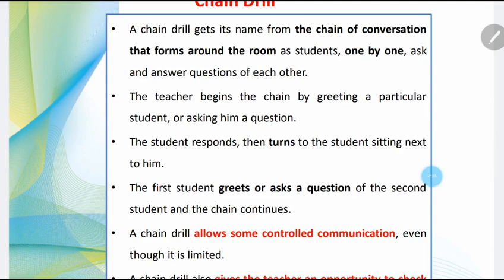This student responds, then turns to another student, the one sitting next to him or her, and starts to do the same thing, greeting or asking questions.